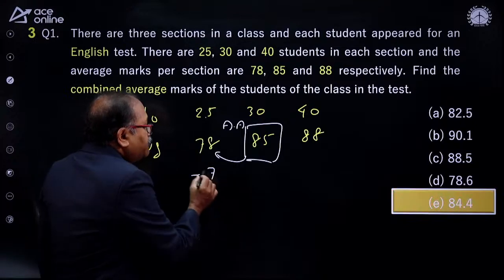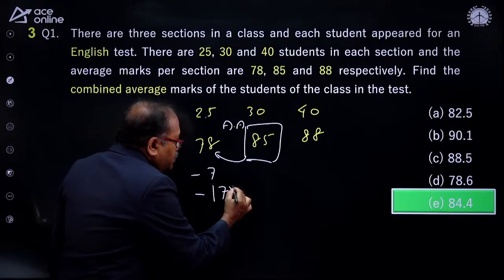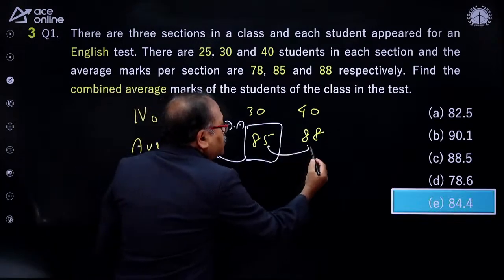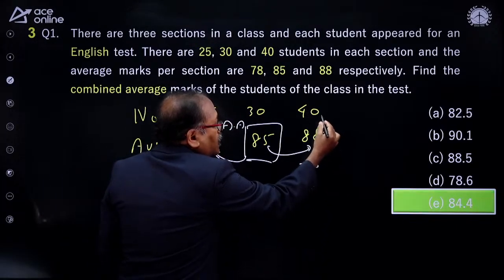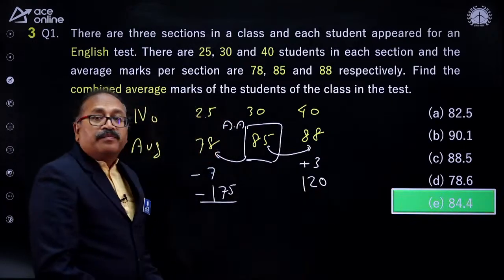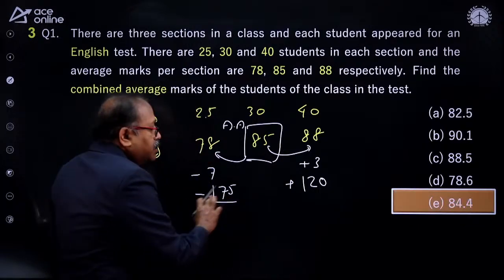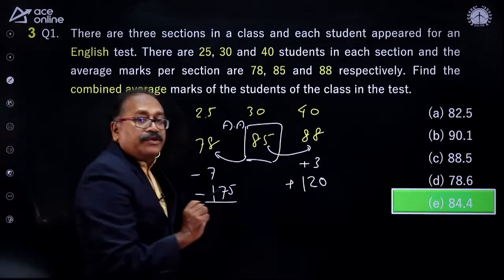It is 25 into 7, that comes to 175 less. Now what about this one? This average is how much more? 3 more. Then the total will be how much more? 40 into 3, that's 120 more. So what I need to do is minus 175 plus 120 divided by the whole number of students.